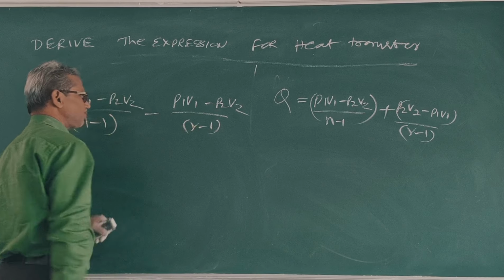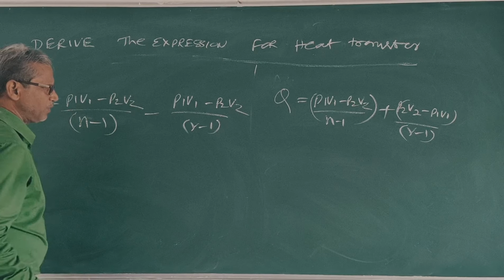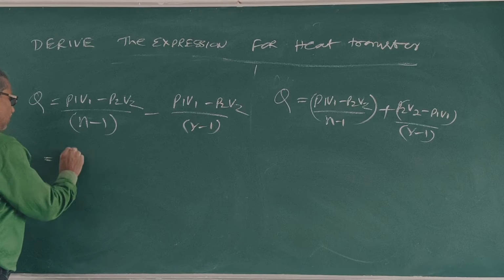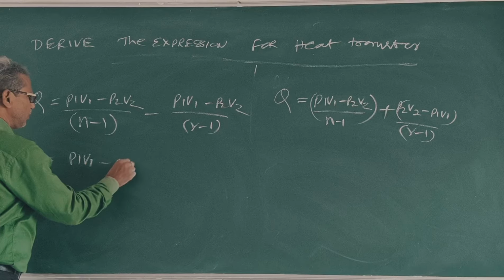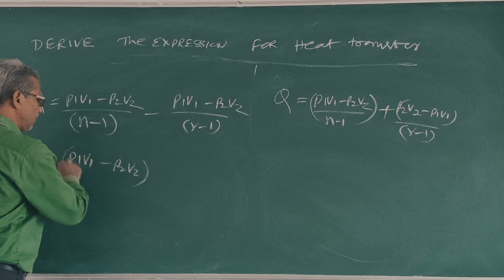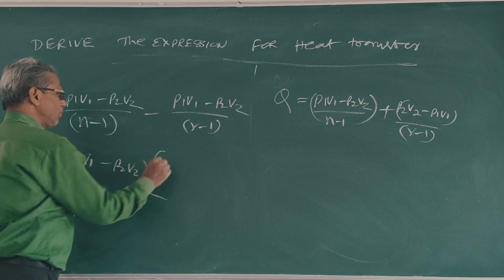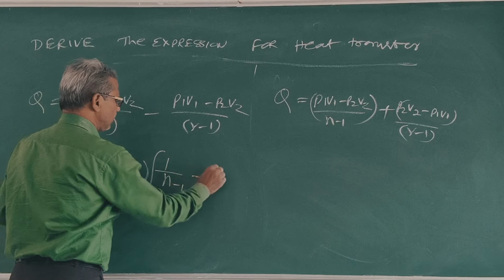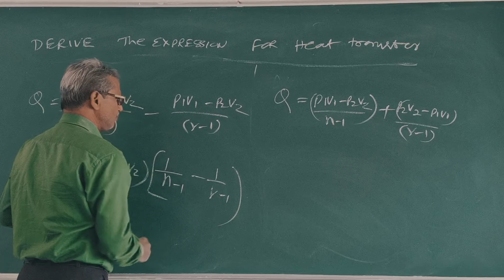Take (P1 V1 minus P2 V2) common: 1 by n minus 1 minus 1 by gamma minus 1. Clear?